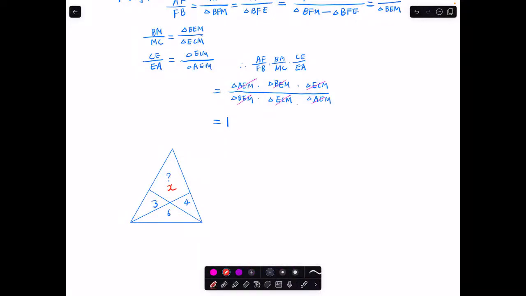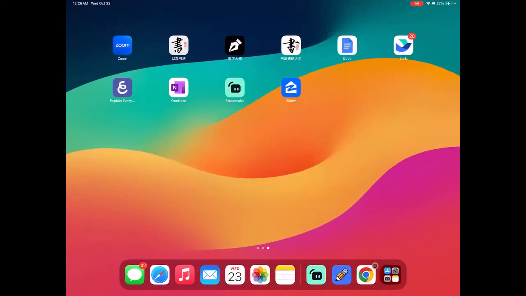So a lot of times, when we try to use the theorem here, right, you need to find out where the triangle is. So here, actually, let me make sure I got the right numbers from there, right?